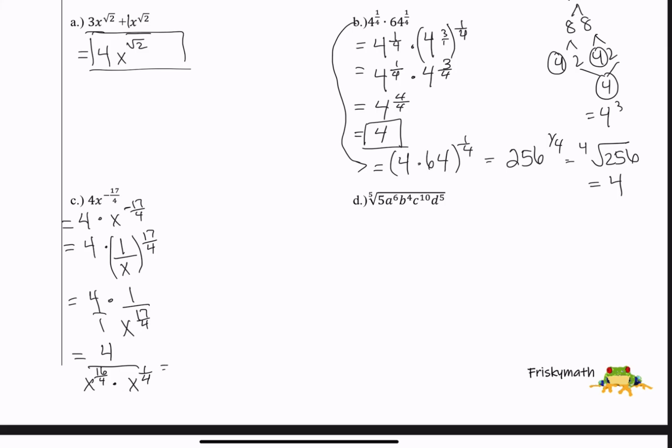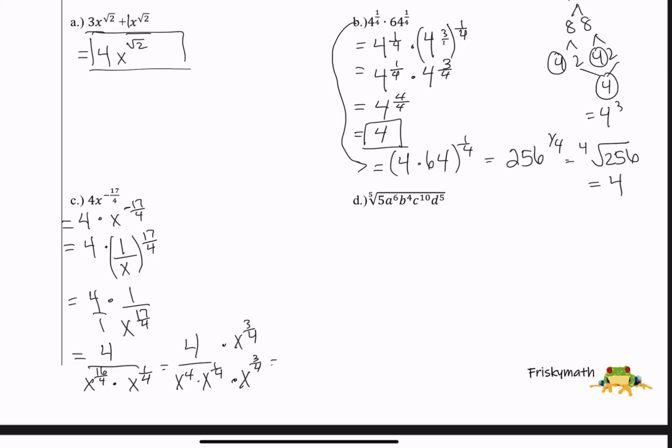All right, so now I've got 4 over x to the 4th times x to the 1/4. Now I need to rationalize that denominator, but it's not so big anymore. I just have to multiply by x to some power that when I add it to 1/4, I get a whole, like 3/4. Do that in the numerator as well.